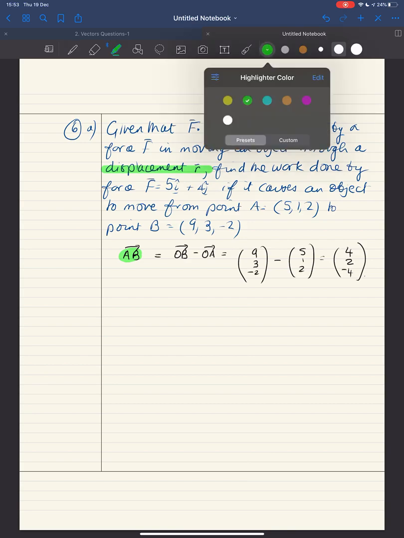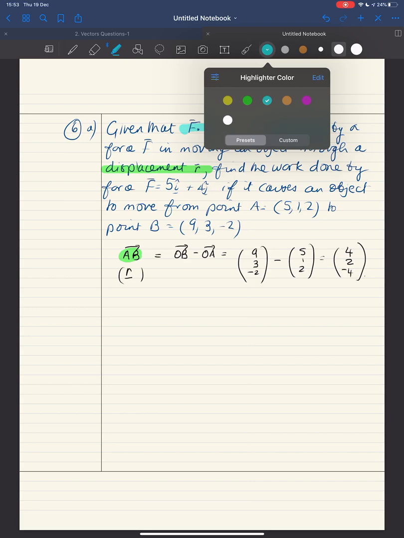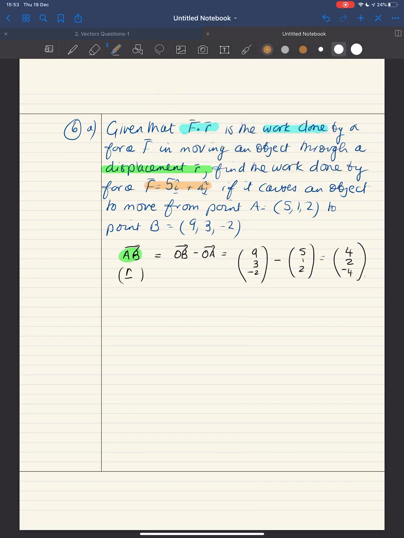Okay, so I'll use another colour. So the work done is F dot R. This is our R, this is the R there, and then the F. I'll use another colour again. The F is here.